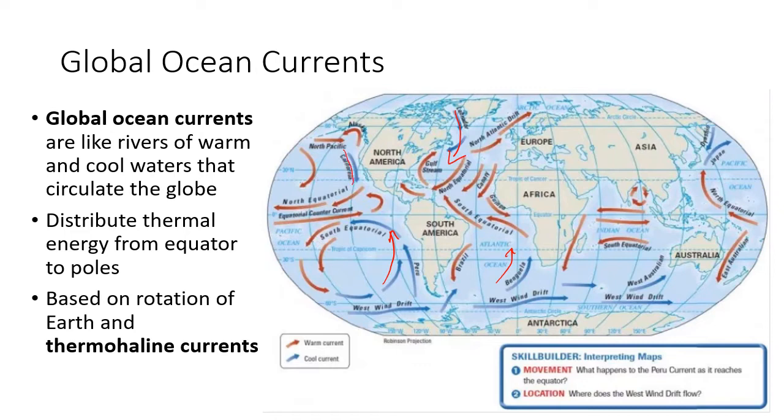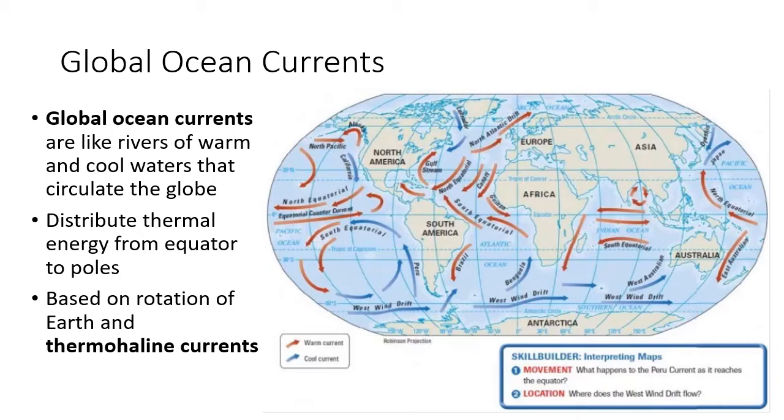Okay, so we have this redistribution of thermal energy all around the planet. Okay, and it moderates the climate. It allows the poles to not be as cold as they are, and it allows the equator to not be as hot as it could be.